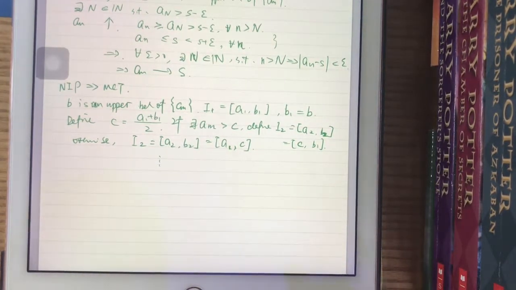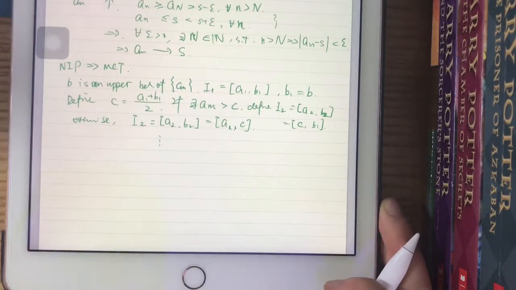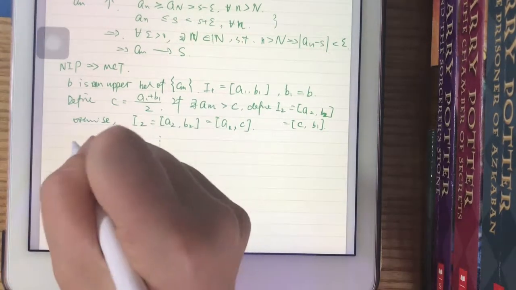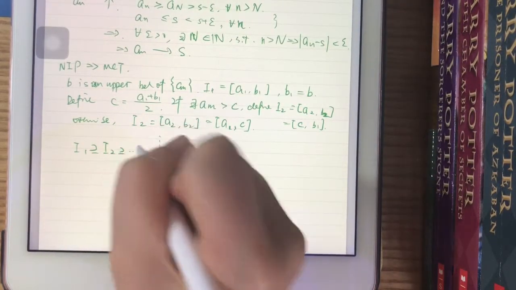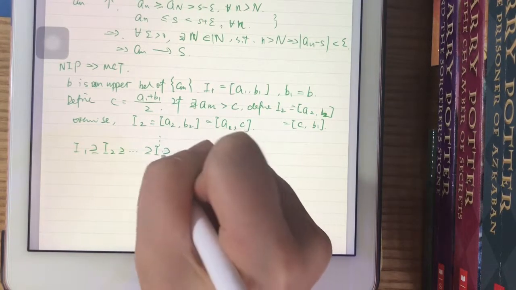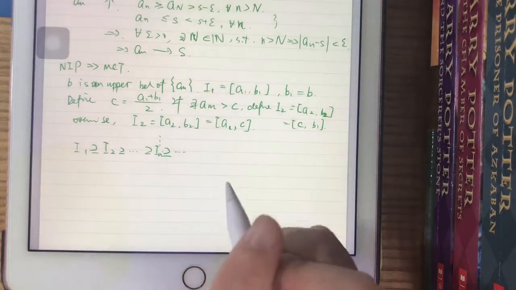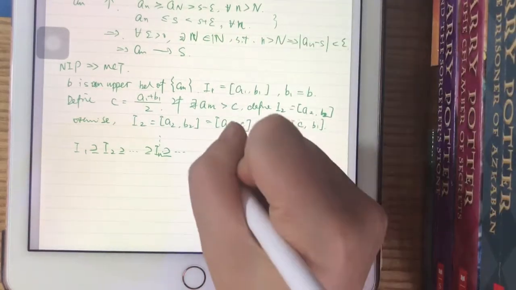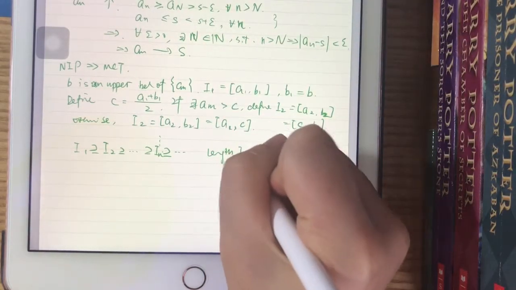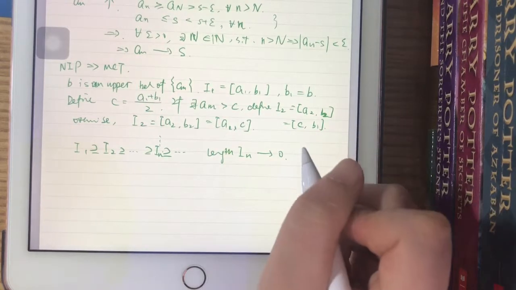And continuing to do so, we construct a certain kind of nested closed interval, I_1 contains I_2, contains and so on, contains I_n. And we also know that the length of I_n is approaching 0.